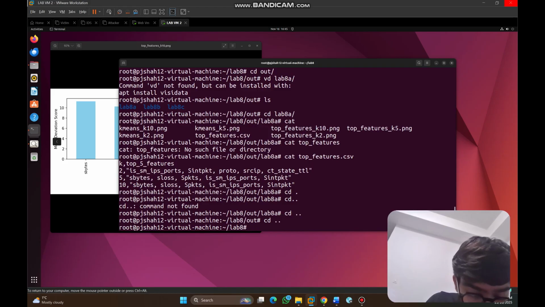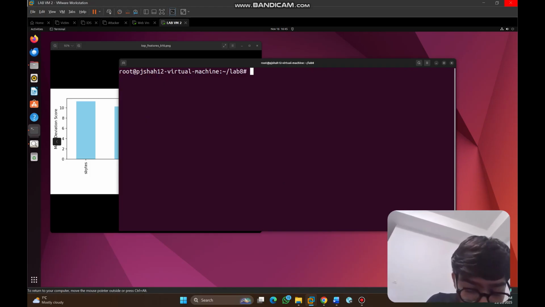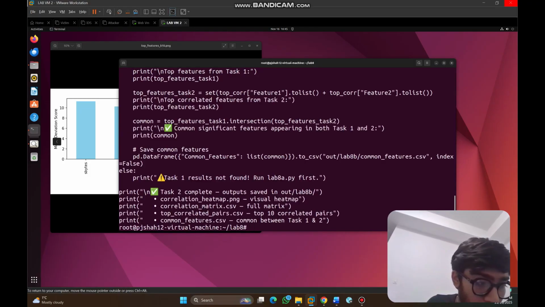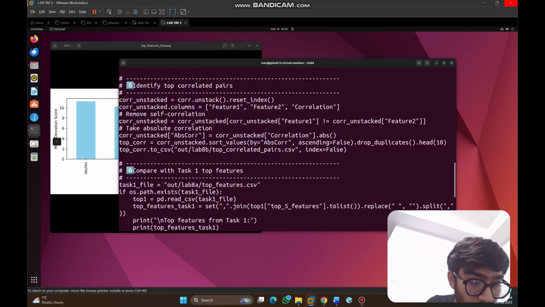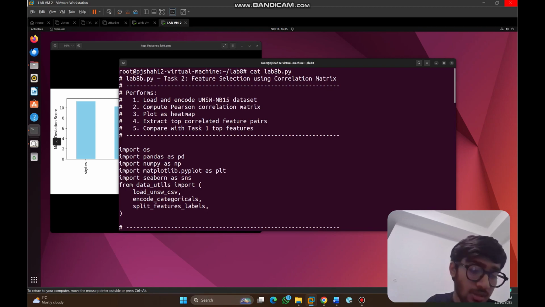For Task 2, I'm gonna first clear everything, and then cat lab8b.py, as you can see over here. So this is my Task 2 script. What exactly is the Task 2 script doing?